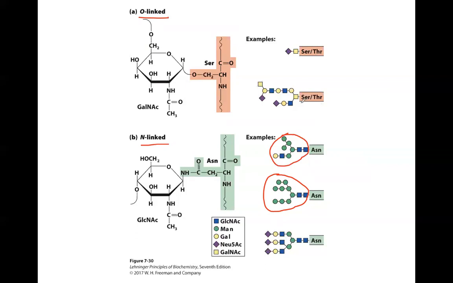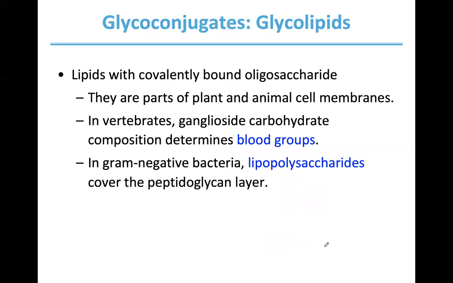And you can see that serine or threonine are all linked, and asparagine will primarily give you N-linked. And in most proteins, protein-protein interactions are mediated by their carbohydrates. So when we talk about two proteins interacting in a cell with each other, most likely that's because their carbohydrate units come into close contact.